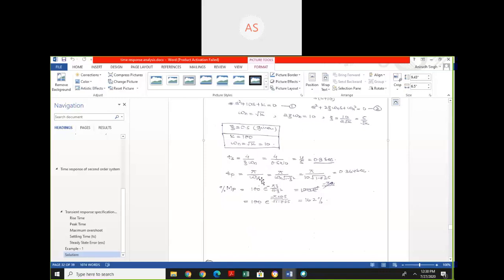This is the damped frequency, and this is given by pi divided by omega n under root 1 minus zeta square, and substitute the values of omega n and zeta. This is the value of Tp. Similarly, for percentage peak overshoot, you substitute the value of zeta and you get the value of percentage overshoot, which is 16.2%.